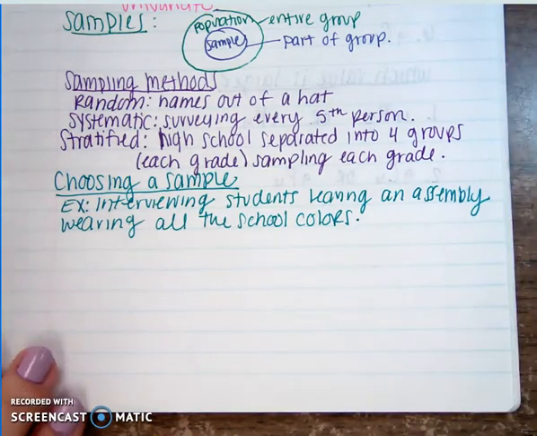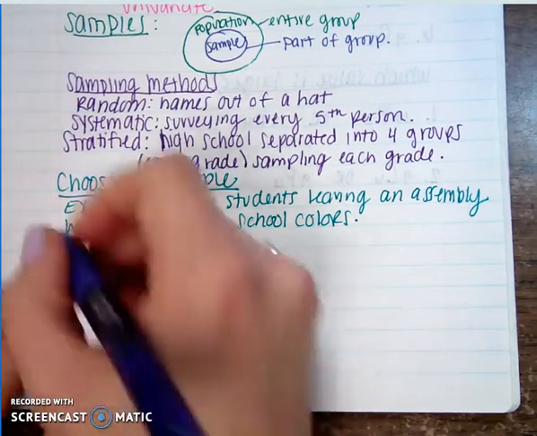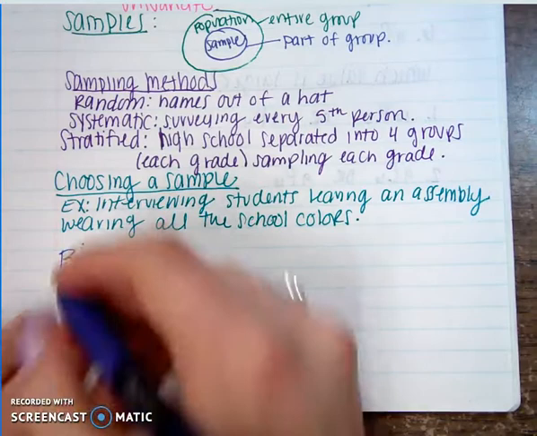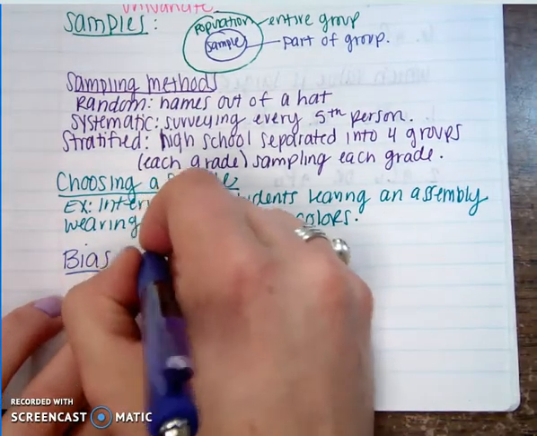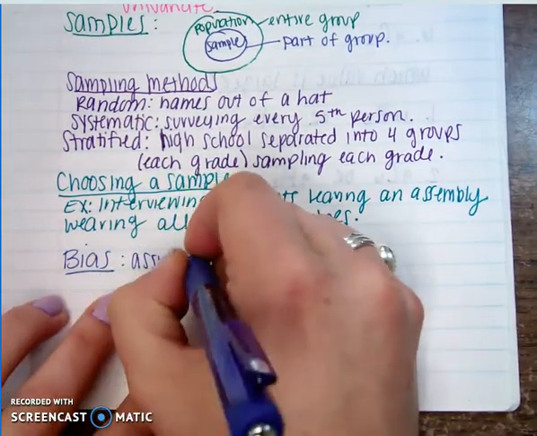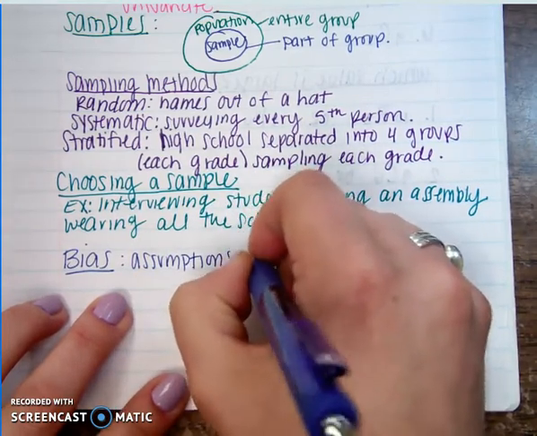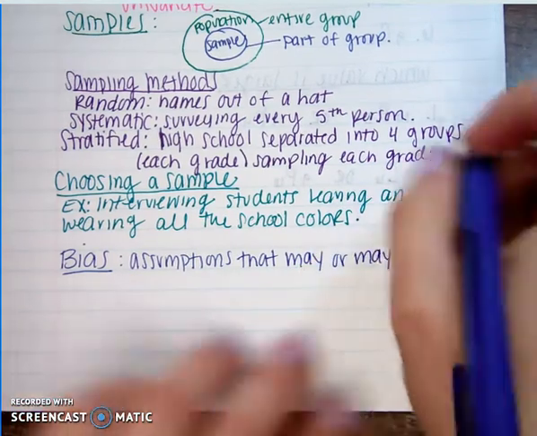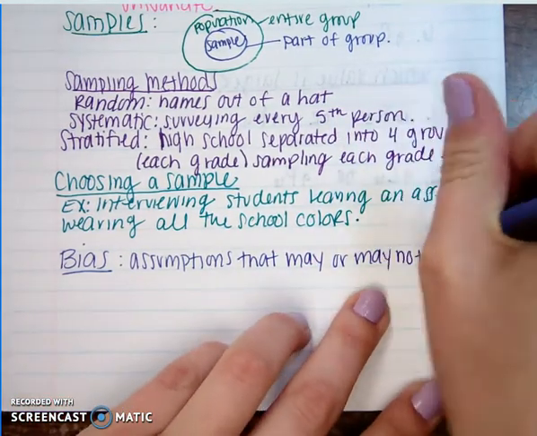And then the last thing that we're looking at is bias when you're sampling. So if you're biased towards something, this means assumptions that may or may not be true.